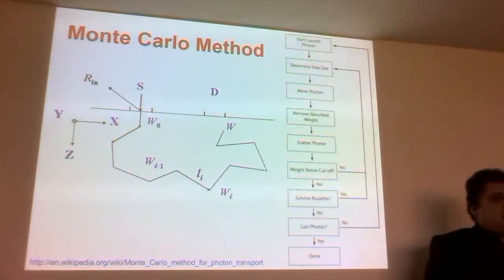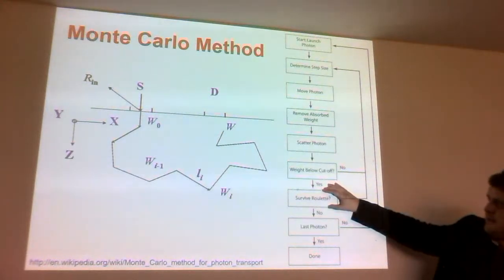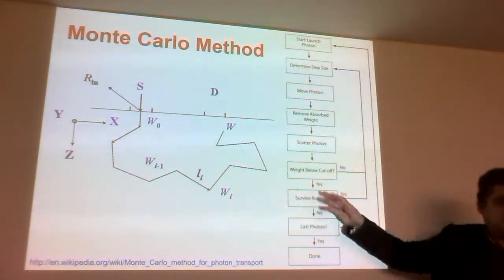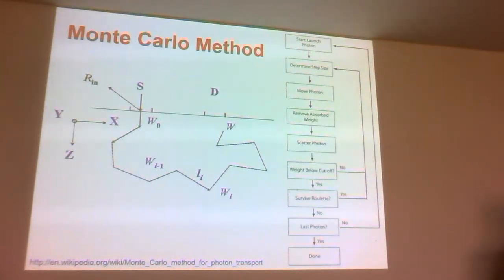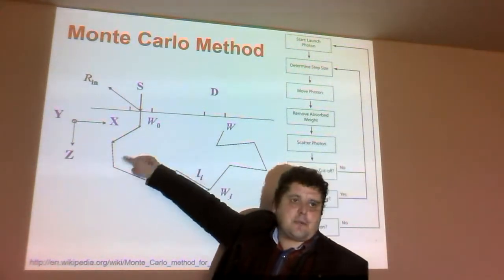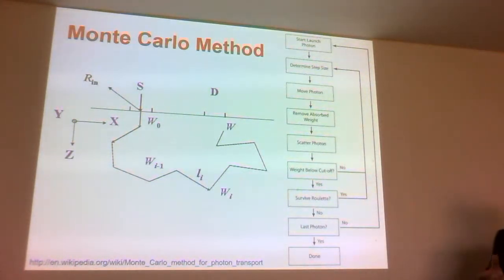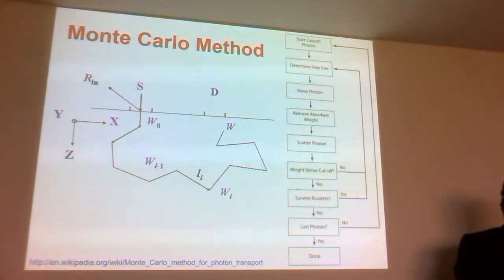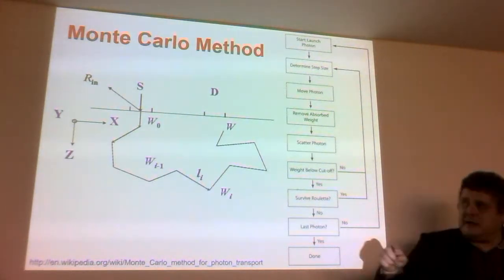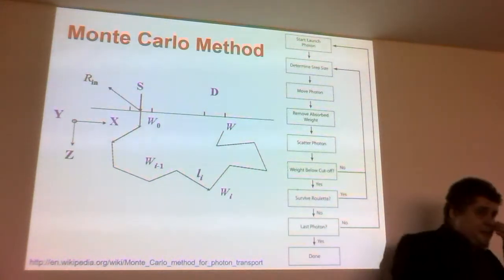The Russian or survival roulette we discussed. What we do is use, let's say, the definition of the Beer-Lambert law. If we have a photon that propagates, let's say, 10,000 scattering events, in a scattering medium with even small scattering or absorption coefficient, you can easily find after 10,000 scattering events what would be the intensity or probability that the photon is coming.